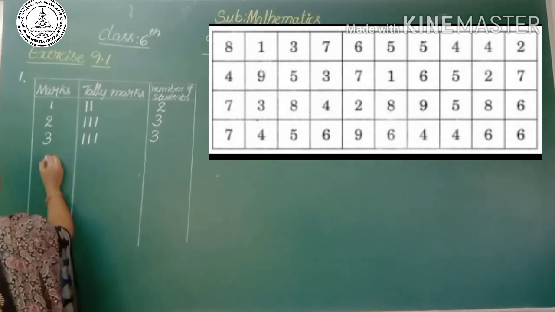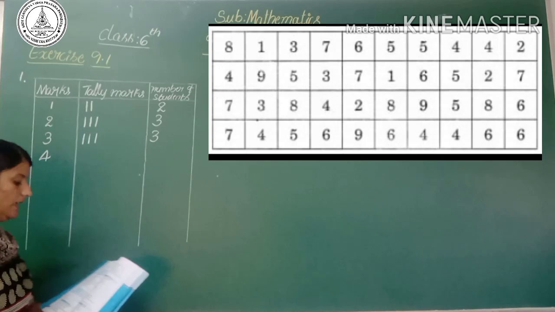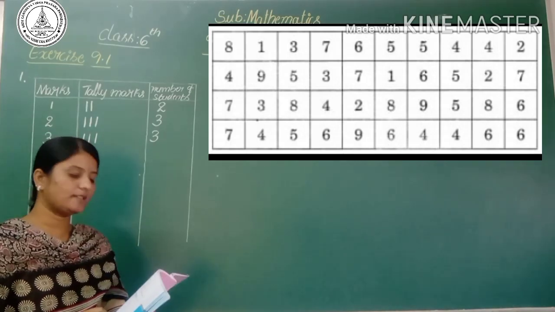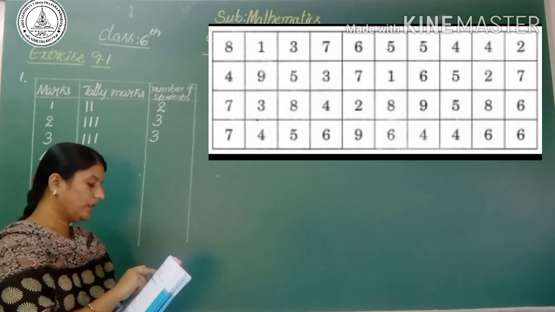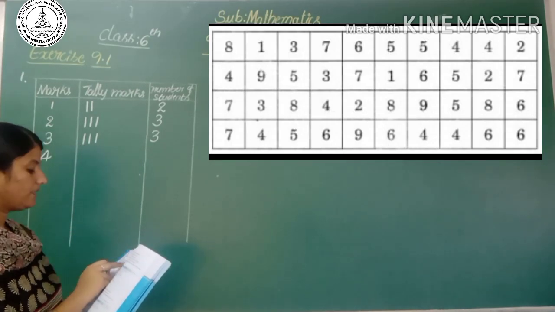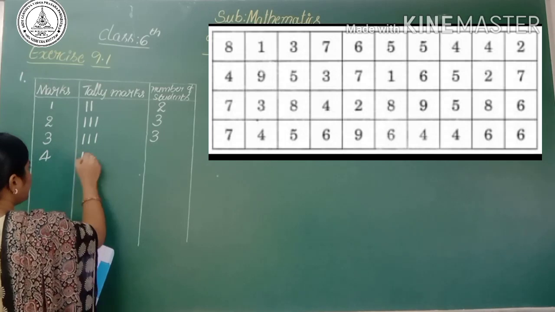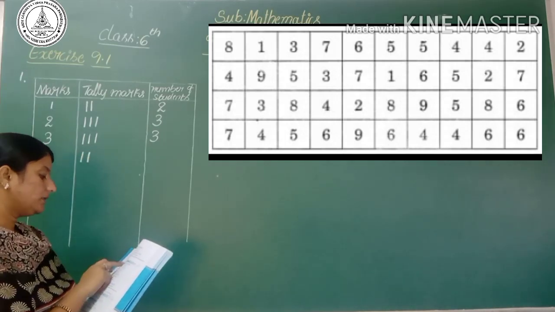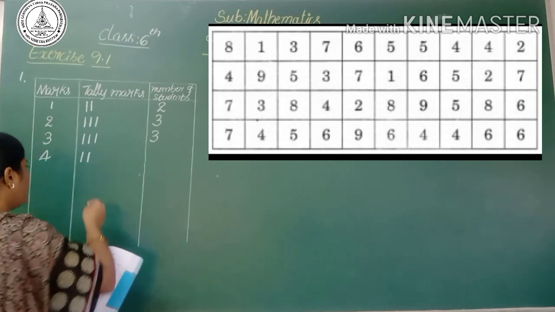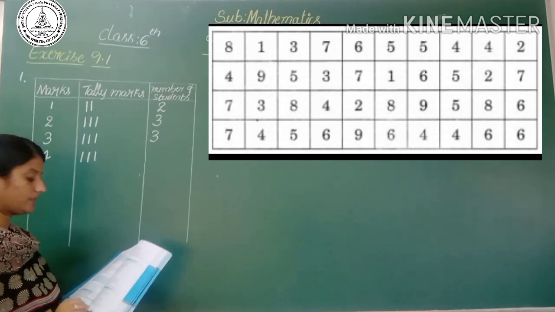Okay, then the marks 4. Then let's check how many students got 4 marks. Let us check in the first row. In the first row there are 2 students. 2 students means we have to write 2 tally marks. Okay. Then in the second row there is only 1 student who got 4 marks.